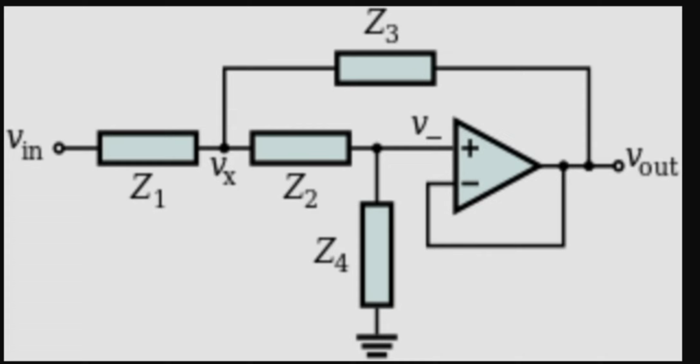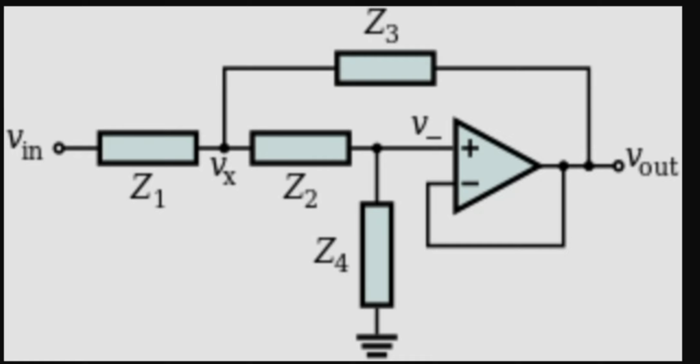So if we say the voltage at the negative pin is V minus, that voltage is reflected at V plus, which means V plus will be equal to V minus. This is called the virtual short concept because the gain A of the amplifier is extremely high, and the output then follows what is available at the input.